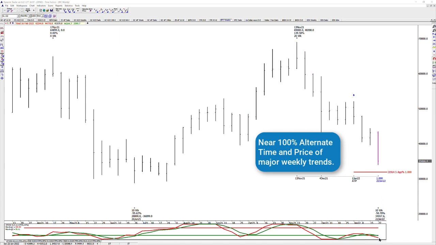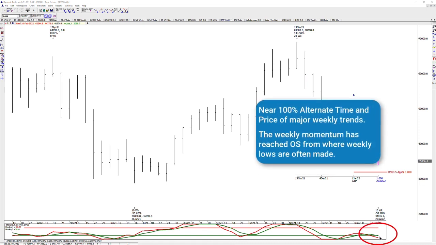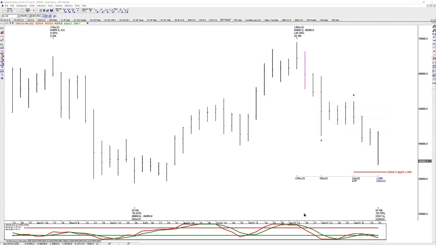So we're pretty close to the 100% alternate time and price of this major decline from the November high, very close to that. And the weekly momentum, the 8, has reached oversold. What more is significant about the position of the weekly momentum that you learned in the momentum course? Well, we've got a lower low in price, a much lower low in price, yet the momentum is actually at a higher level than it was at the last momentum cycle low.